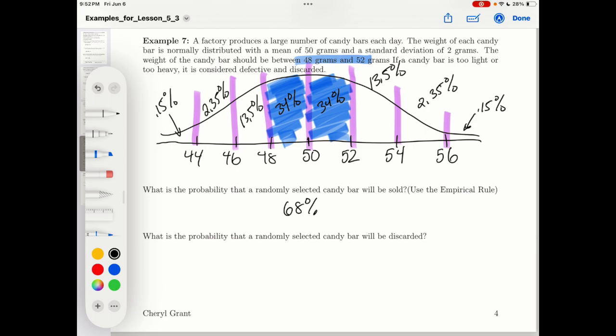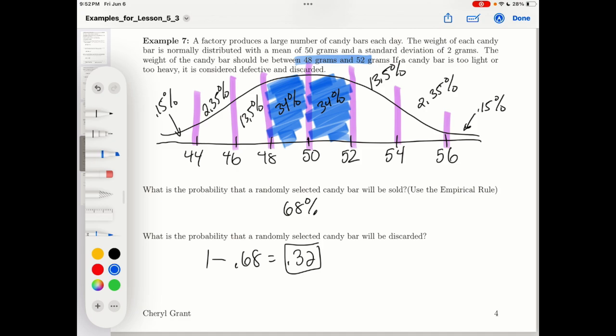Now, what is the probability that a randomly selected candy bar will be discarded? If 68% are kept, then we can figure out the complement of that by doing 1 minus 0.68, and that's going to give us 0.32.